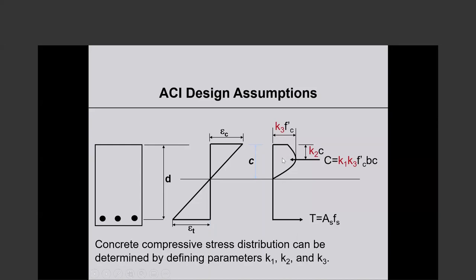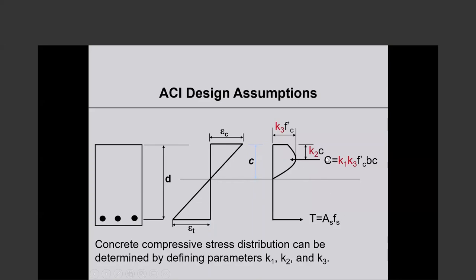And this k3 can be equal to 1 or a little bit different from 1. Okay. The peak stress can be f'c or a little bit more or less depending upon a lot of situations. The resultant compressive force is at a distance of k2 times the neutral axis depth from the extreme compression fiber. That's what we are saying.